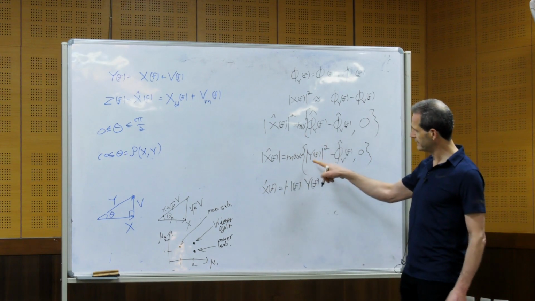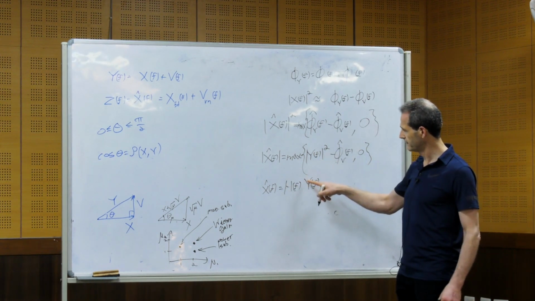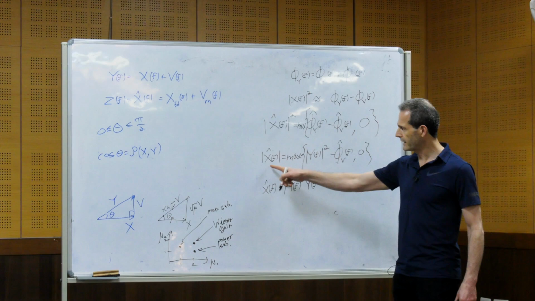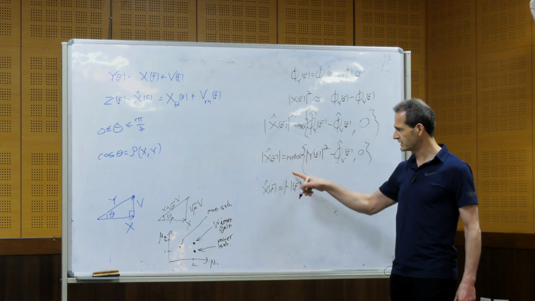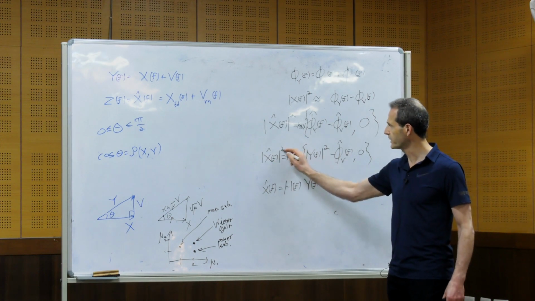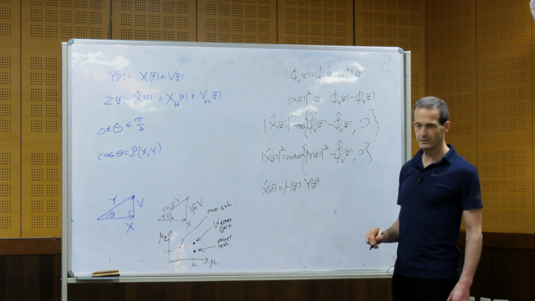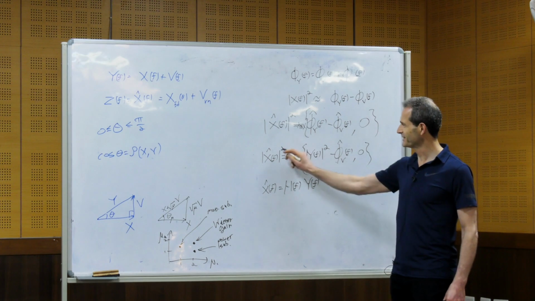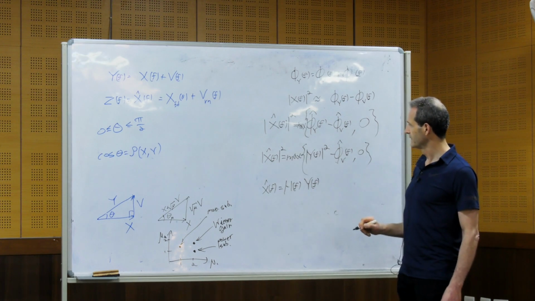So if I divide it by Y, okay, and if I assume that it's positive, it looks like that. But I don't have to assume that it's positive. Here the squared is missing. Okay? You need to correct me if there is some mistake. Okay? So you have the squared here.